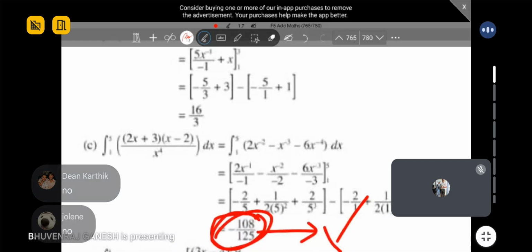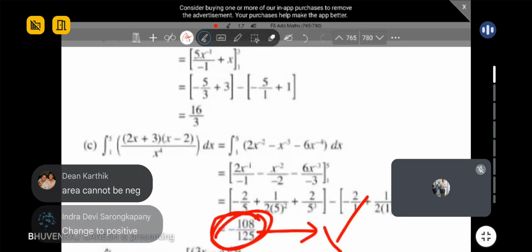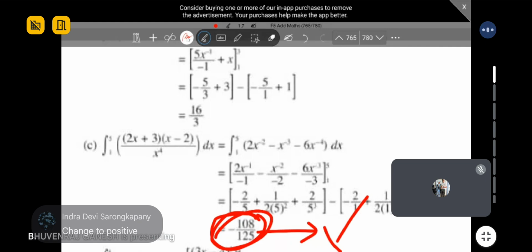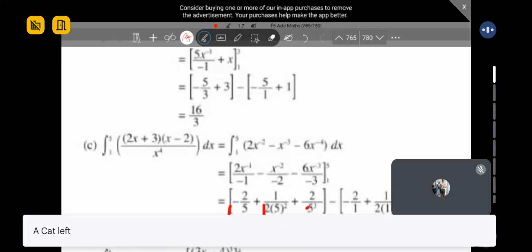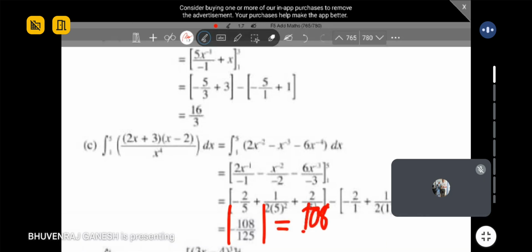Yes or no? Very good. No, area cannot be negative, you know. It must be positive. You must take the modulus. If the question asks area, when you get this answer, you add the modulus, taking only the magnitude. So your answer is 108 over 125.